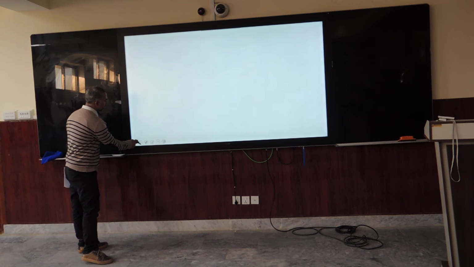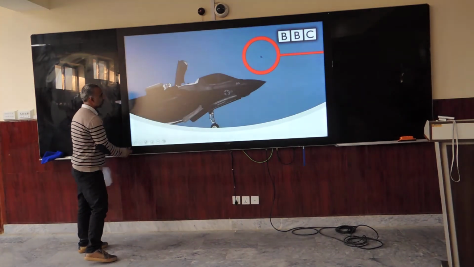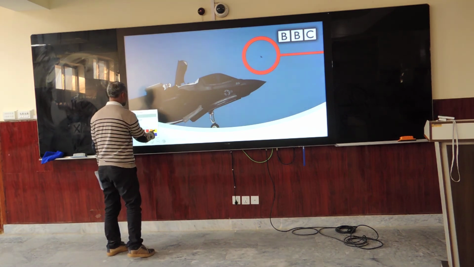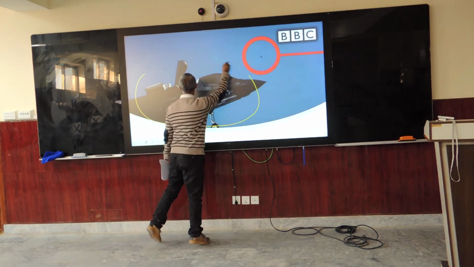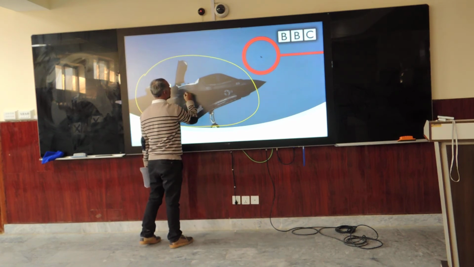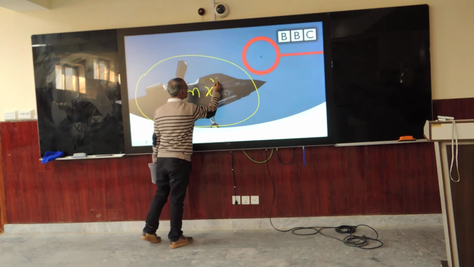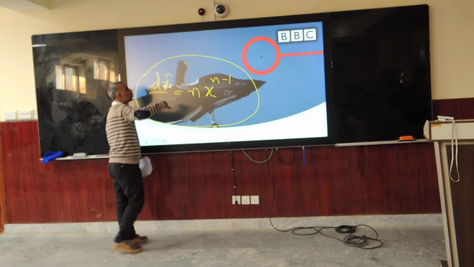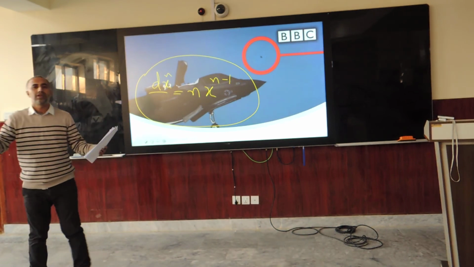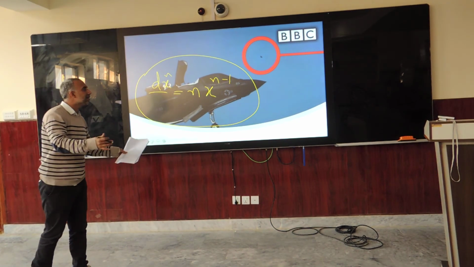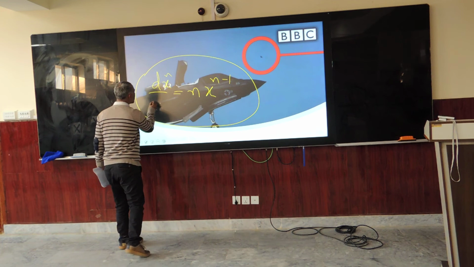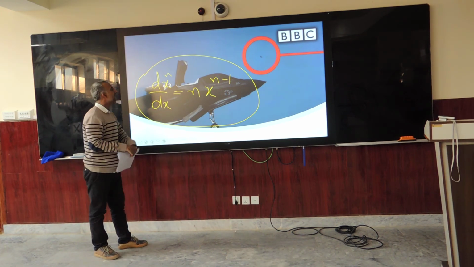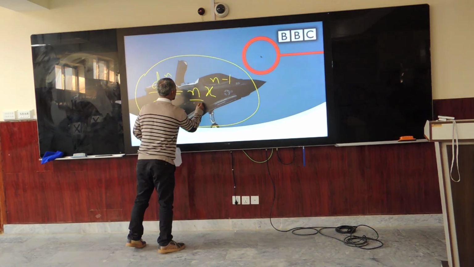So let me explain it with the help of a figure. Our target is to locate the enemy aircraft, not the tiny bird. You can say this is xn minus 1. Among too many things in space, dust particles, birds, our target is to locate the required object at an instant among n particles.